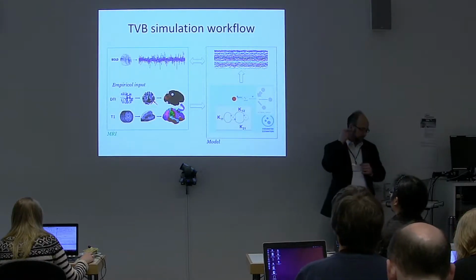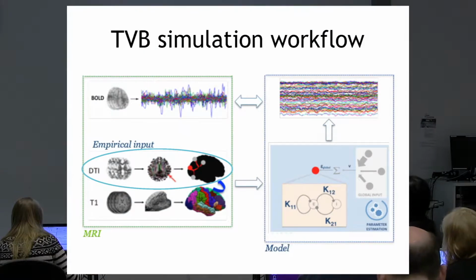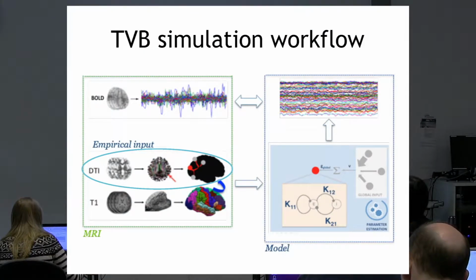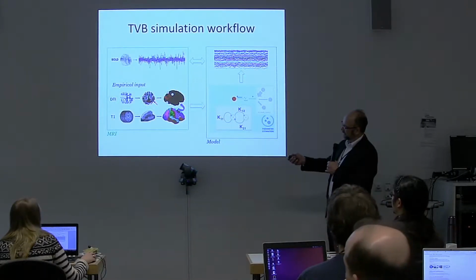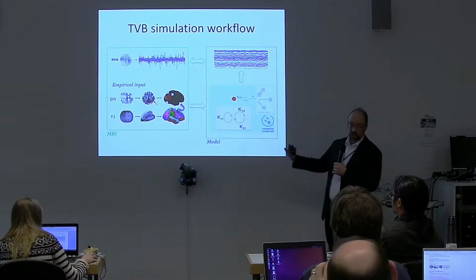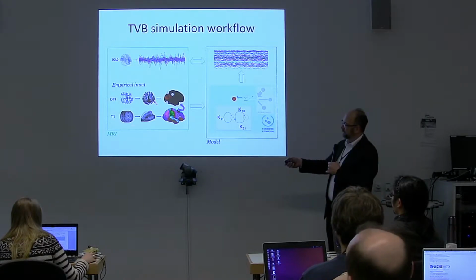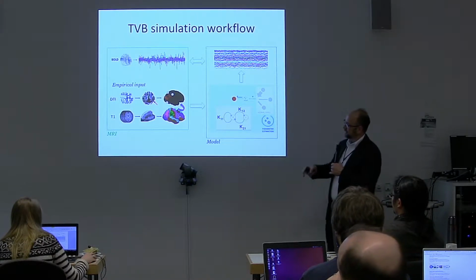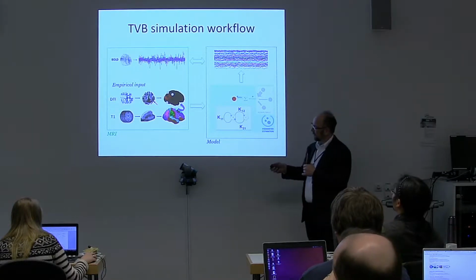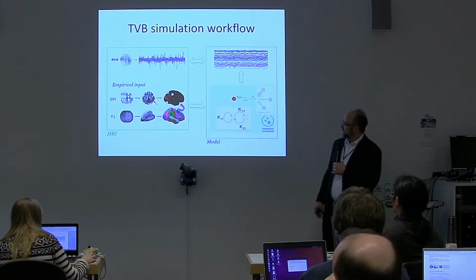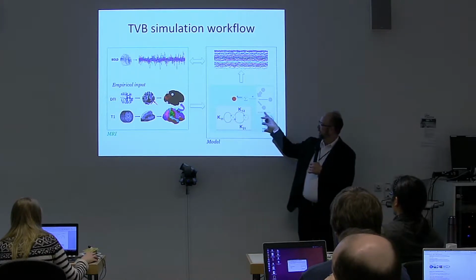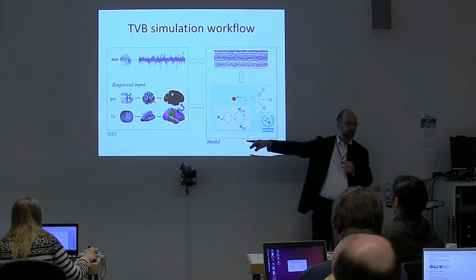This is the workflow that was used for the particular model I'll talk about today. We have the structural imaging data. We've got the diffusion tensor imaging, tractography to generate the large-scale network. And then we have the T1 image here to generate the geometry. We also have fMRI BOLD data from these individuals. The models push through. This is the Stefanescu-Jirsa 3D version.